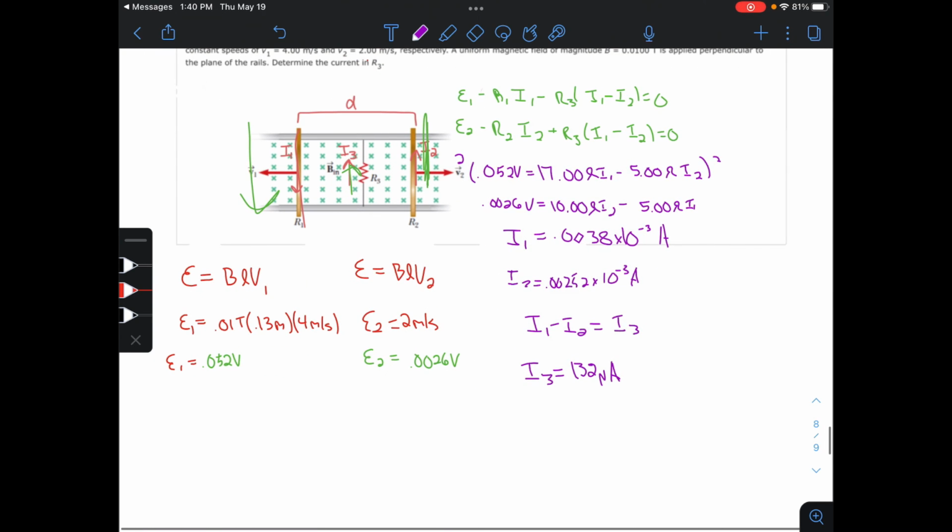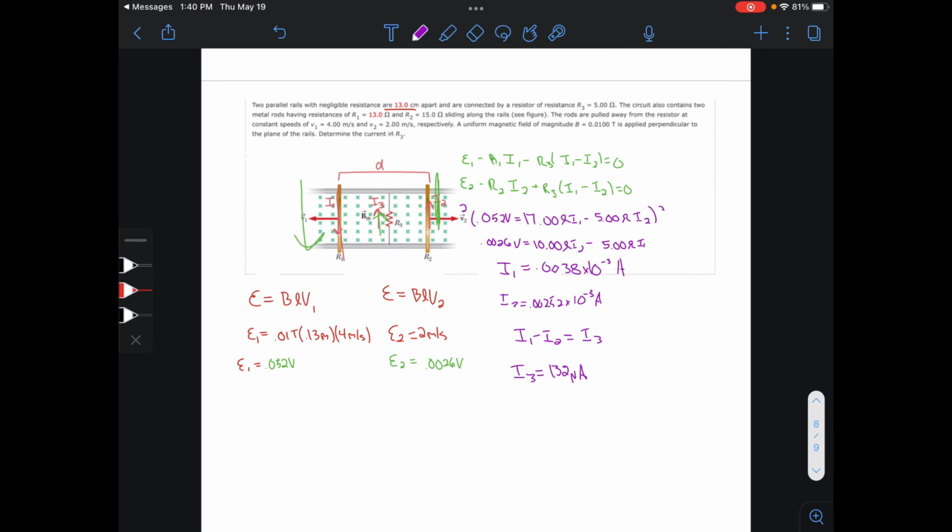So this is a combination of a couple of building blocks. The BLv equation, which I believe is new to us for EMF, taking into account the velocity of the moving conductor, and then Kirchhoff making a circuit. And at this point, with Kirchhoff, we're not concerned with the movement of the circuit.